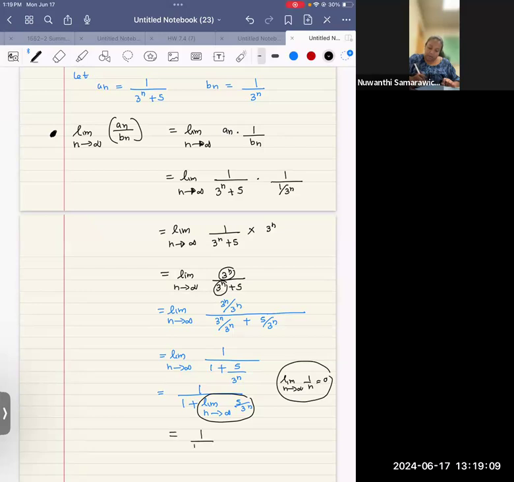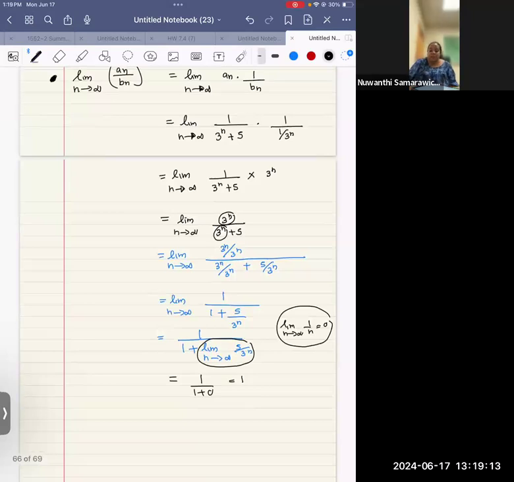So it is 1 over 1 plus 0, just 1. Now this is a positive finite number. Then what can you say about the other series, I mean, the question series? Because we have one series convergent, what can you say about this one?